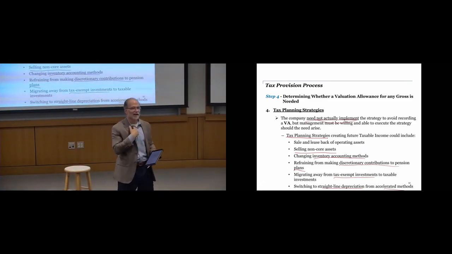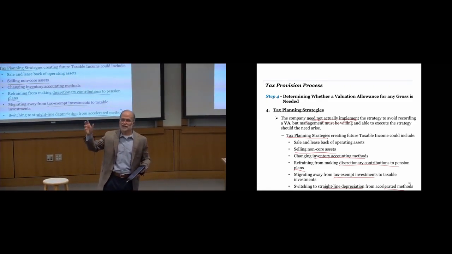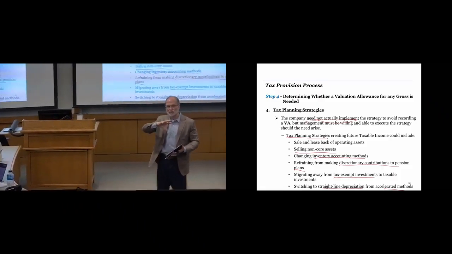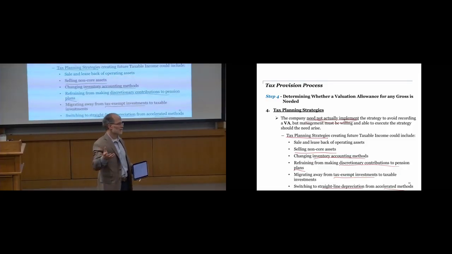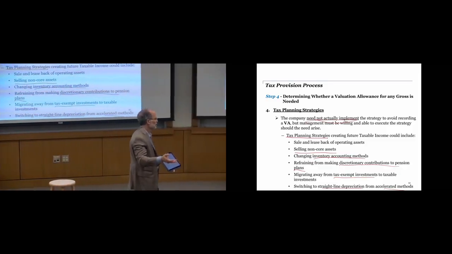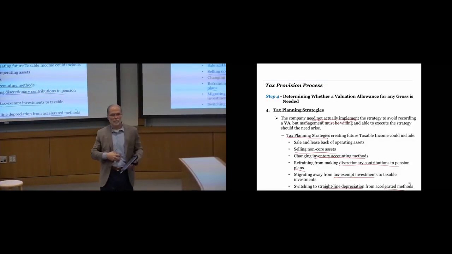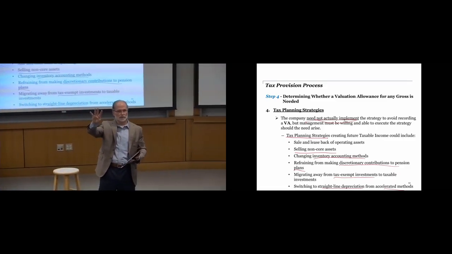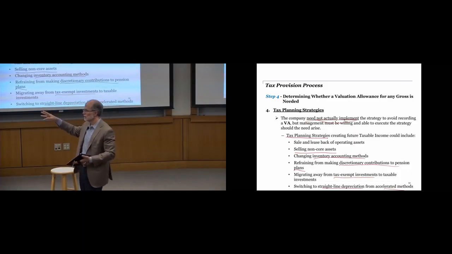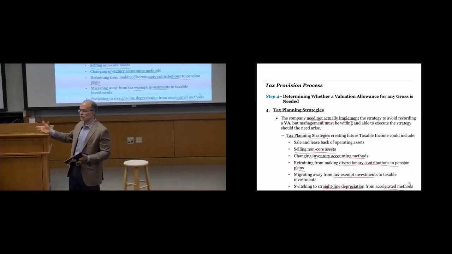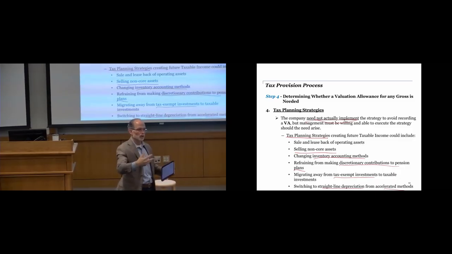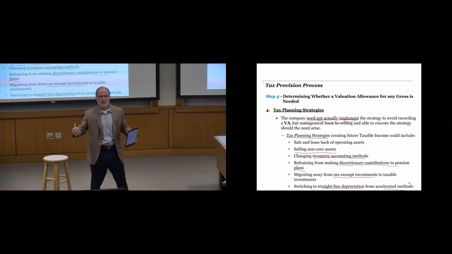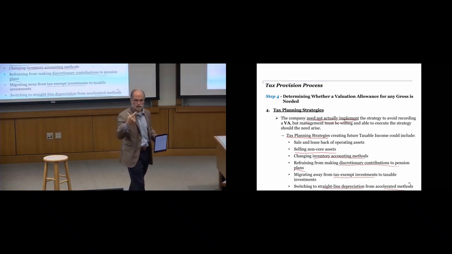But if I'm looking for taxable income in the next 2 years because I have DTAs I'm worried about, I could elect not to apply those accelerated depreciation methods and go back to straight line to prop that up. So any combination of all four of those can give rise to sufficient taxable income to utilize a deferred tax asset. I've got to build my file, build my story about this, and make sure people outside the tax department agree that these are strategies we would do.